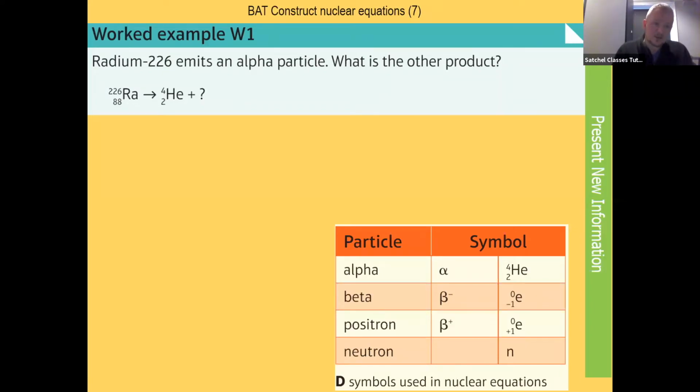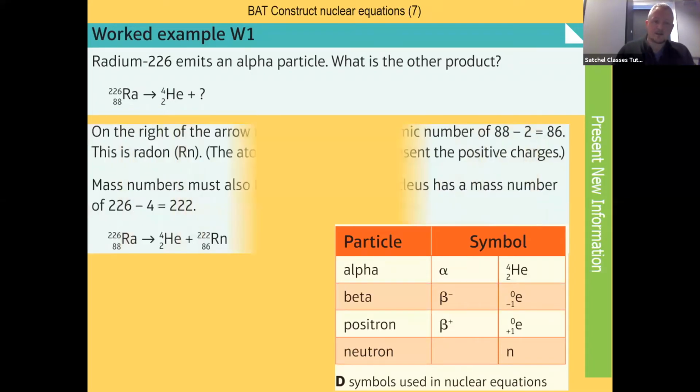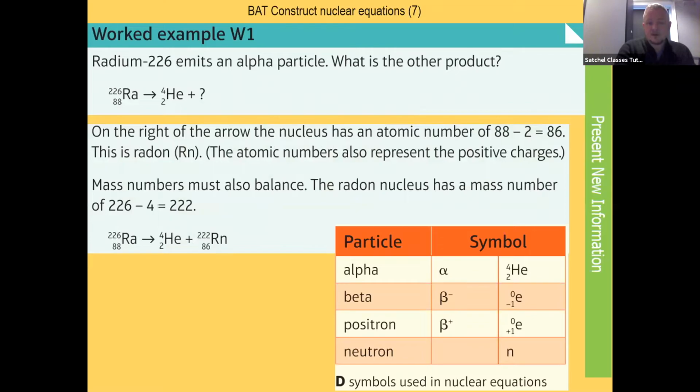In terms of its atomic number, radium has 88. We have 2 with the helium, so 88 minus 2 means that our unknown product must have an atomic number of 86. And if we take that through, then our radium-226, 88, when it decays via helium, would make radon, which is 222, 86.